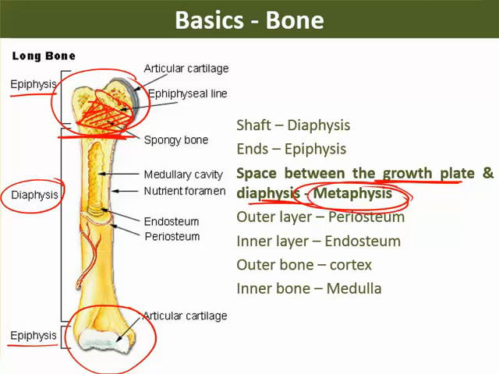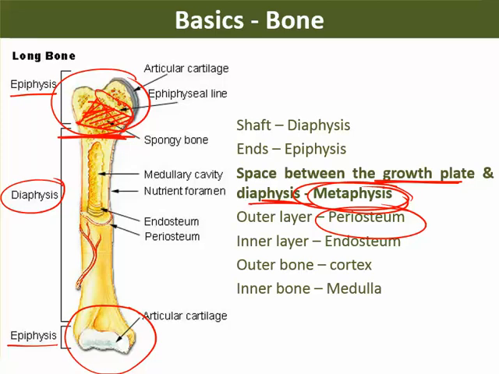So what I want you girls to know is there are three things, right? Ends are called epiphysis, the shaft is called diaphysis, and between the epiphysis and diaphysis we have metaphysis. The outer layer of the bone is covered by a thin membrane. You cannot remove it; it is very tightly attached to the bone. That is called periosteum.